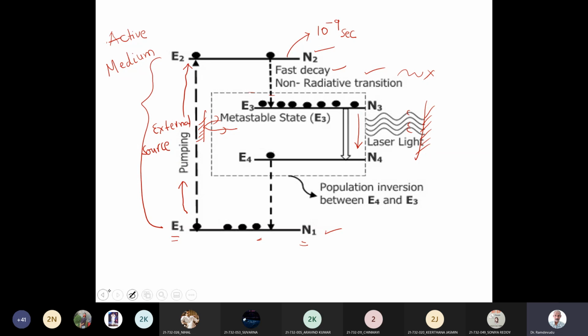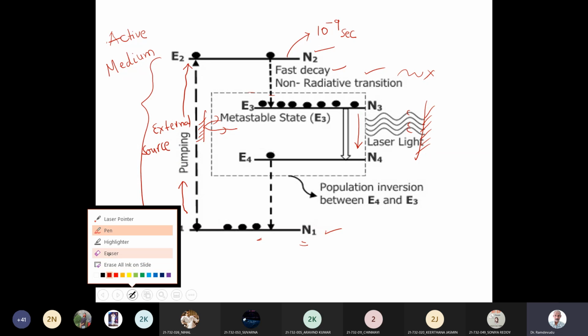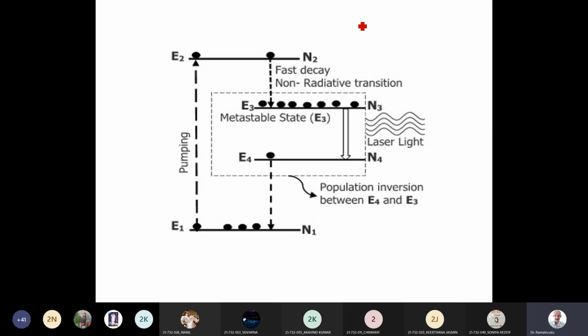To understand what is actually happening, suppose I take only 2 levels, E3 and E4. Here the number is large, more atoms, population inversion. Here I have only less number of atoms, 1. Therefore, I will give a matching photon h nu from outside.